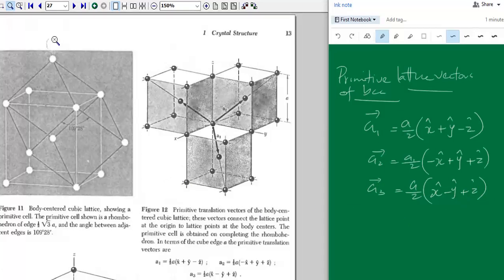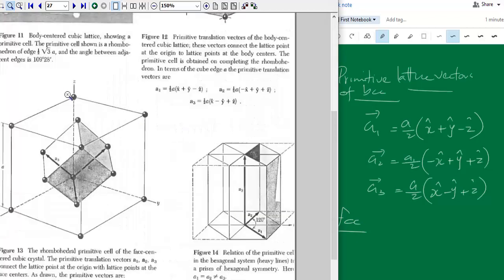Now let us consider the primitive lattice vectors of FCC. Here this is the FCC lattice cell. We can consider this corner lattice point at the origin.